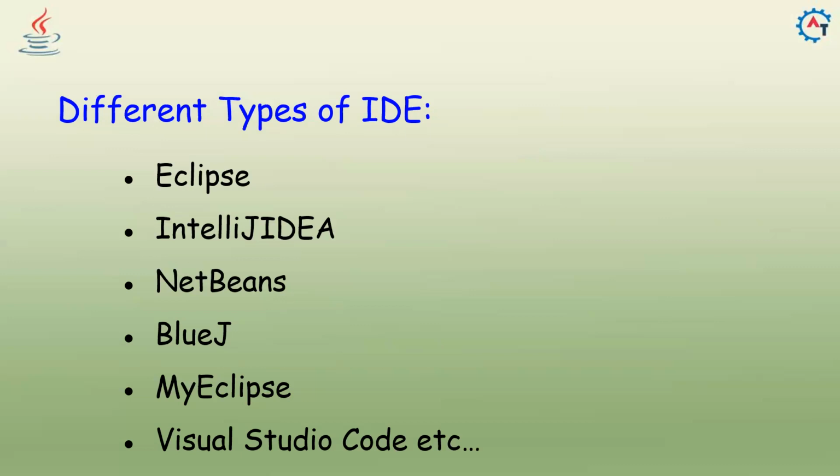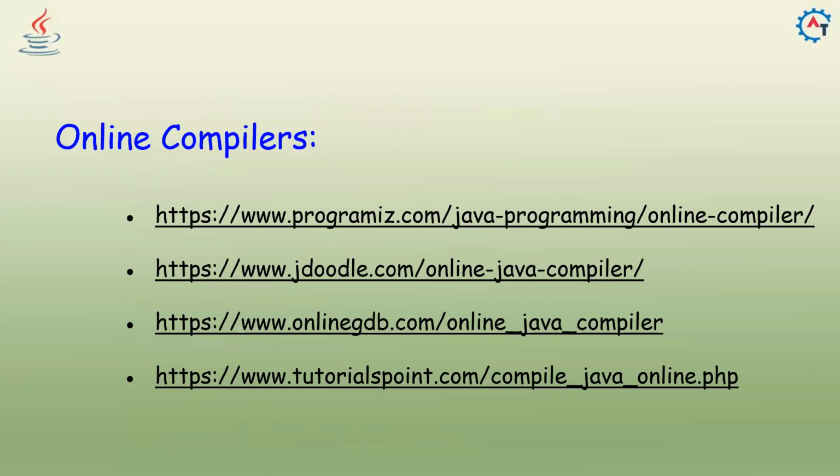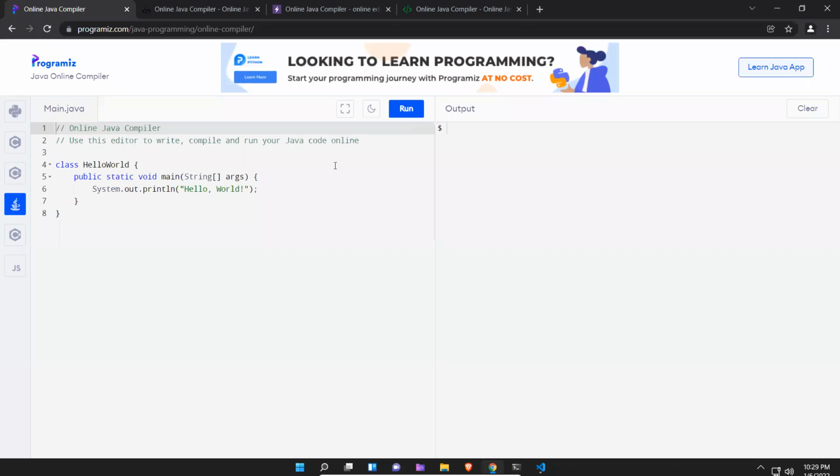Apart from these things, you have some online compilers. What do you mean by online compilers? You just navigate to a URL and you start writing your Java code. Let me go to these URLs.